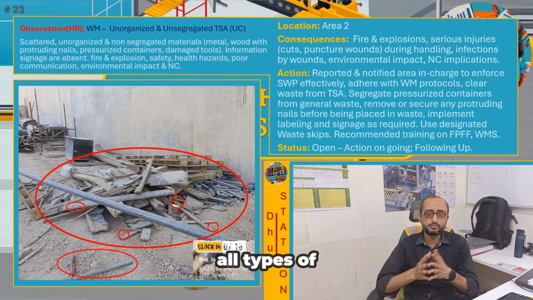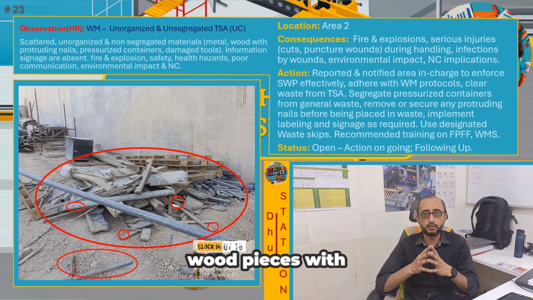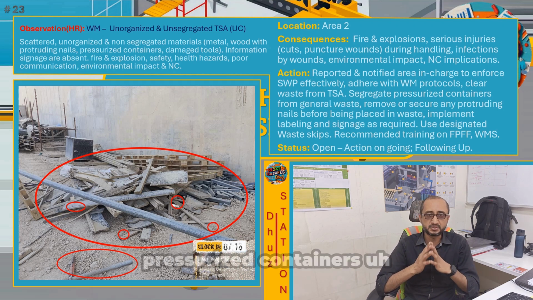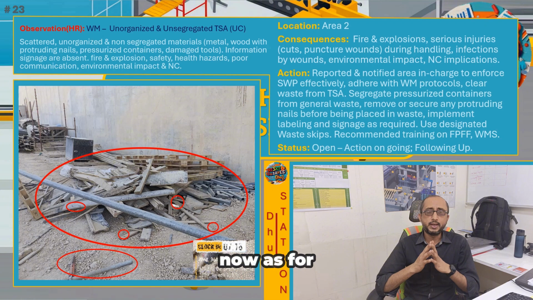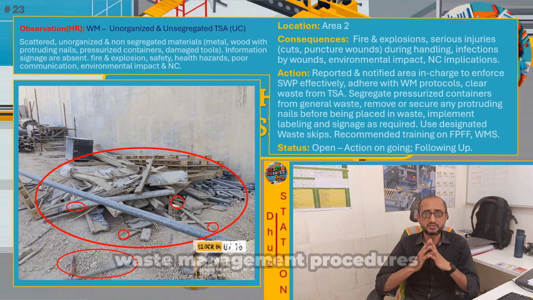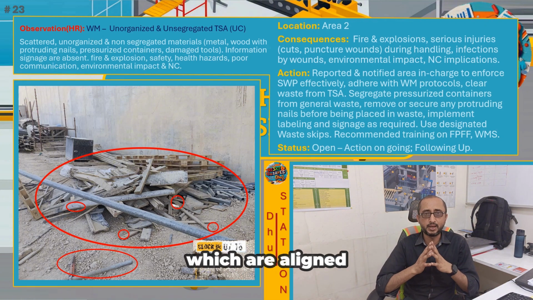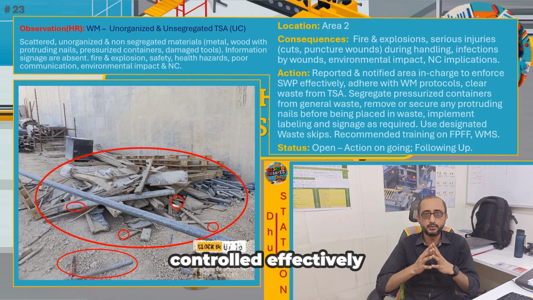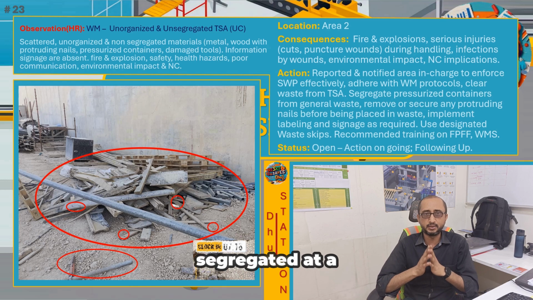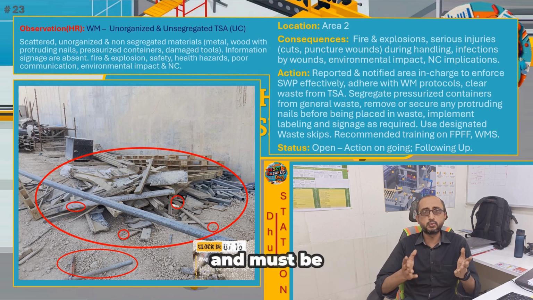Teams are throwing all types of waste without any segregation, like metal parts, wood pieces with protruding nails, pressurized containers that can explode anytime, broken tools, and things like that. Now, as per our implemented waste management procedures, which are aligned with the client's requirement, waste must be controlled effectively, segregated at first instance, and collected in the designated places, like the skips we have provided.